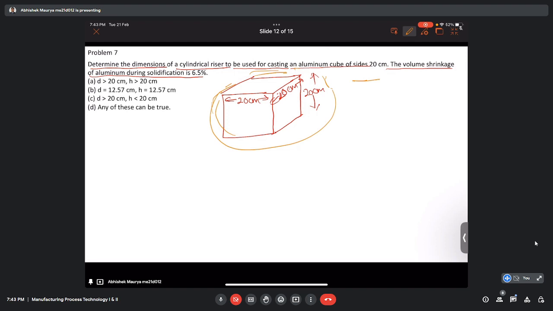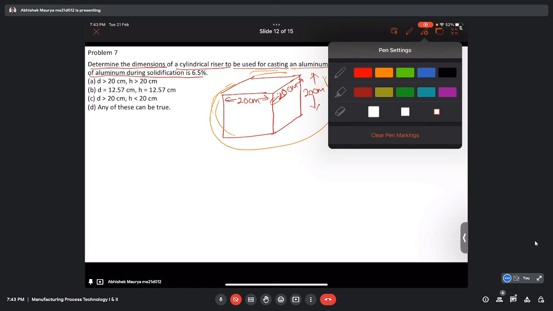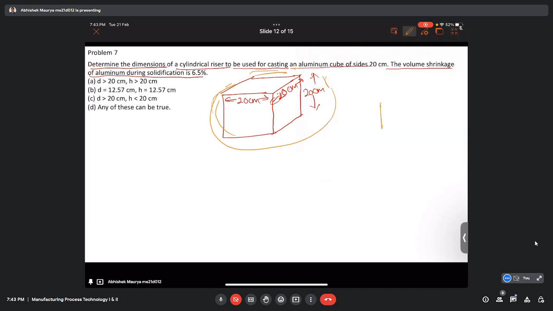So here we have the mold. Here we have a mold cavity of cuboid shape, and something like this. This is the sprue.